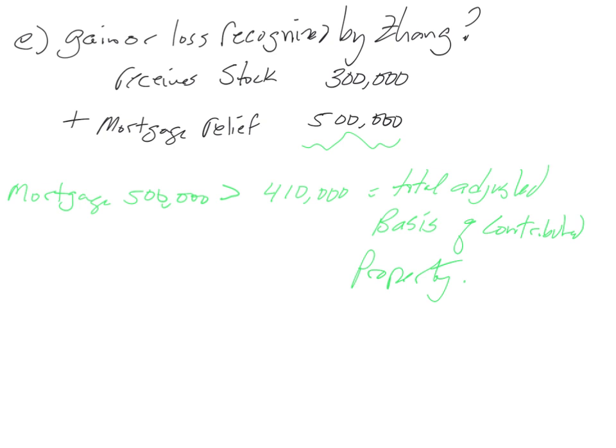Okay, and this is one of those exceptions. When the mortgage relief exceeds the total adjusted basis of the contributed property, you have to then recognize the gain.